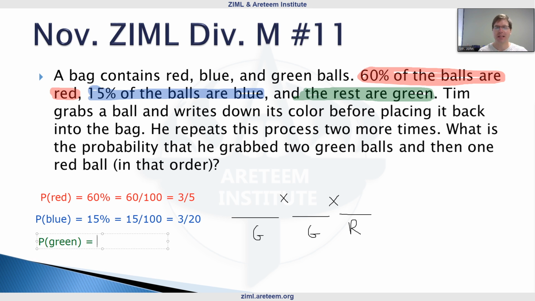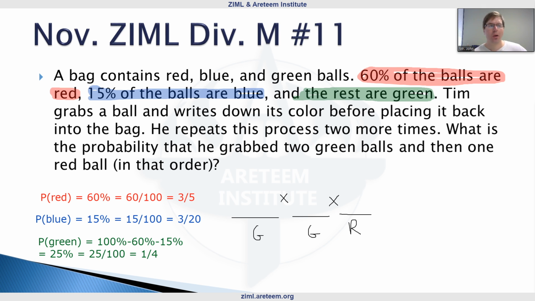So this has to be the remaining percentage, right? So we have 100% minus 60% minus 15%. What is left over then here? We just have 25%, which equals 25 over 100, which equals 1/4.